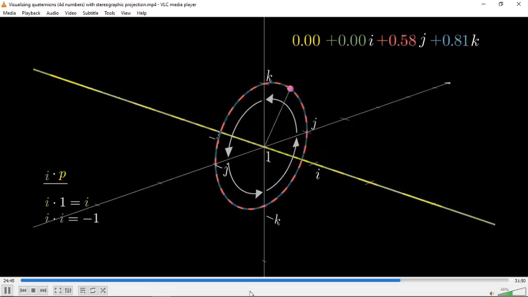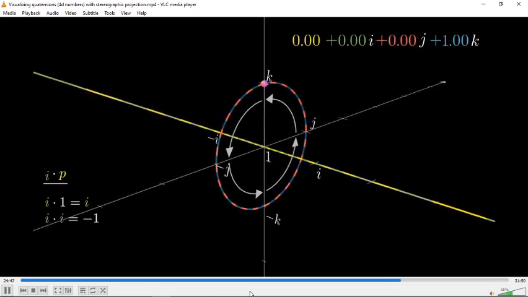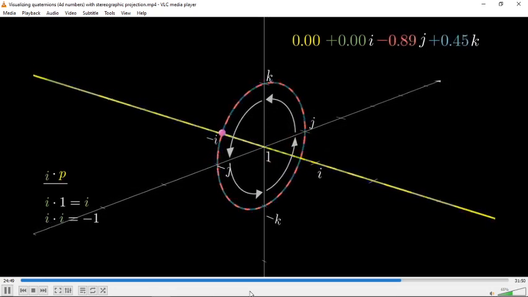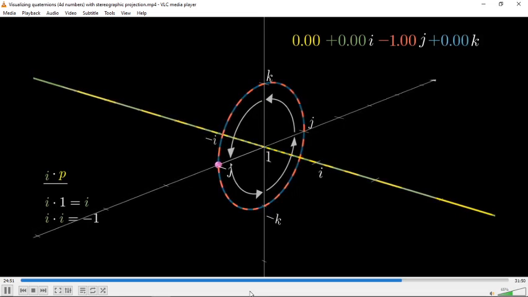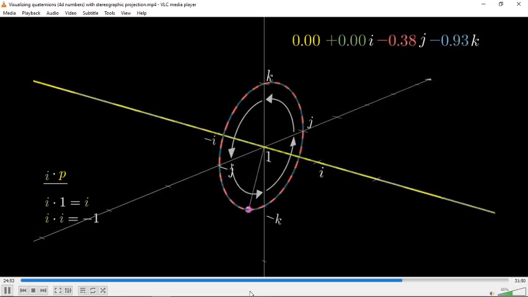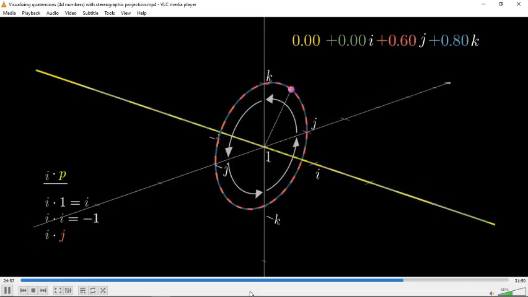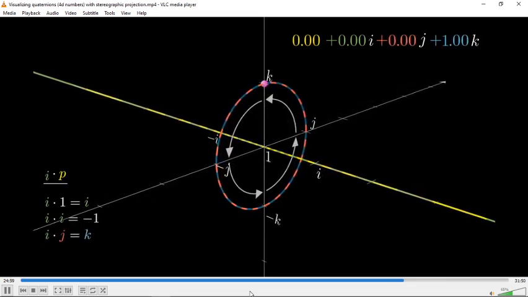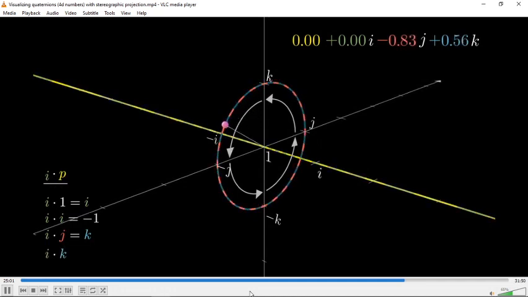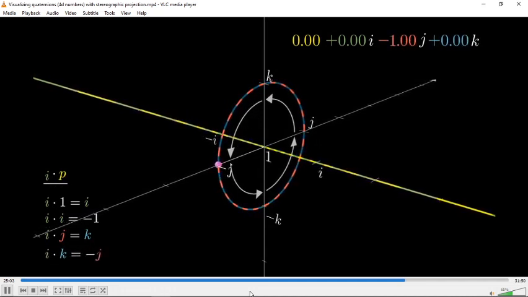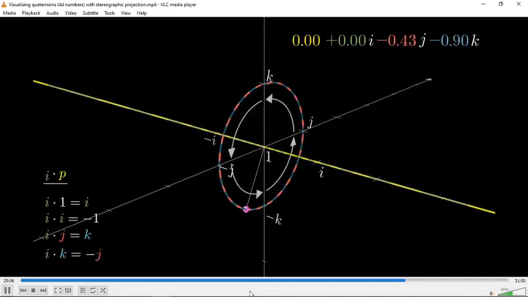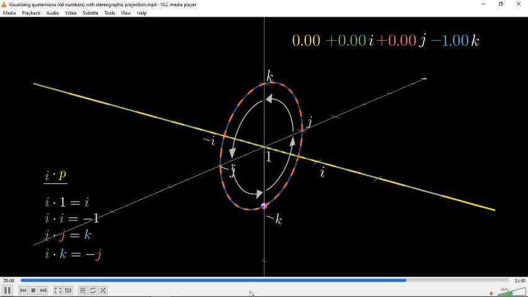Well, by the same amount as the 1I circle rotates, which is 90 degrees in this case. This is what I meant by two rotations perpendicular to and in sync with each other. So j goes to k goes to -j, -j goes to -k, and -k goes to j.